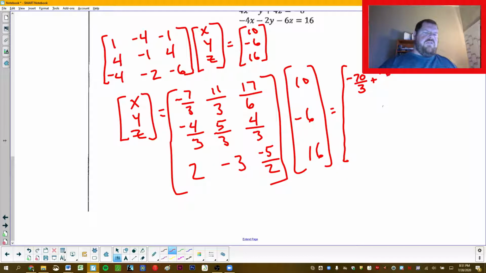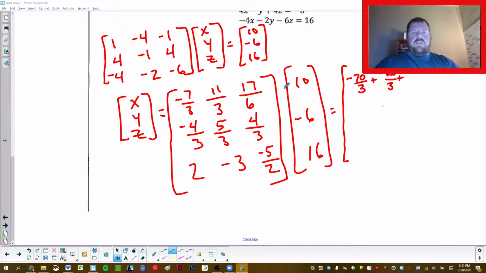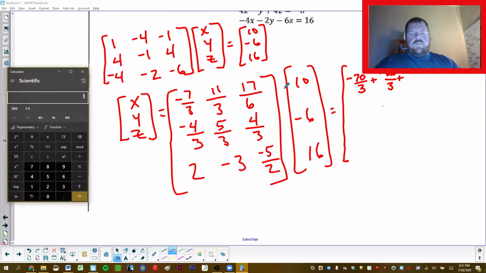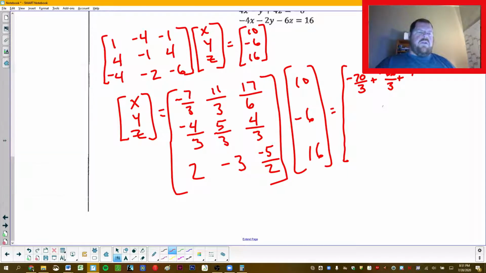So that's negative 66/3. Plus 17/6 times 16. I need a calculator. 17 times 16 is 272. I am going to divide that by 2 to make this another third. So this will be 136/3.